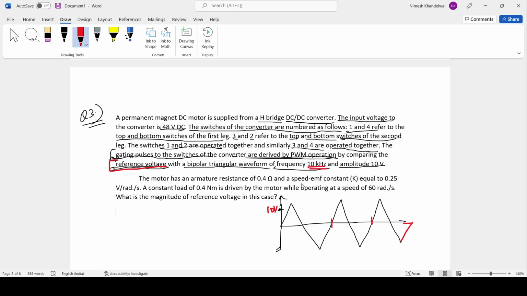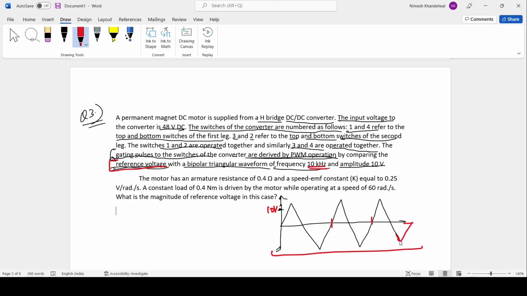So what this wants to say is that this is just a mechanism of how we generate PWM signals. We get this kind of timing signal from our microcontroller.